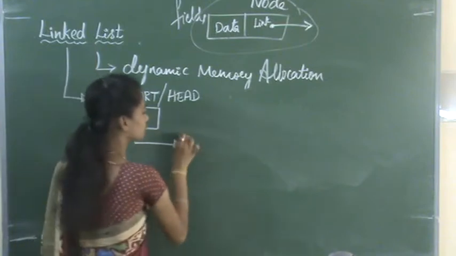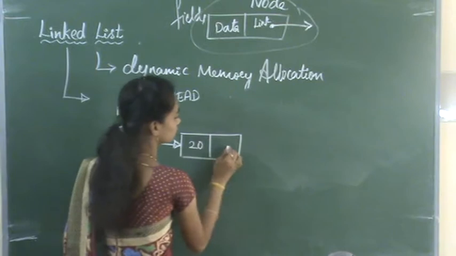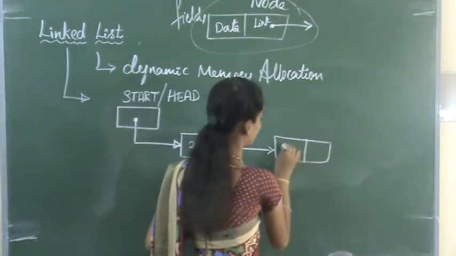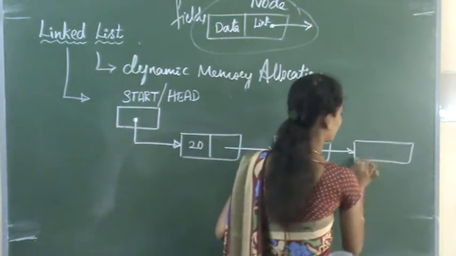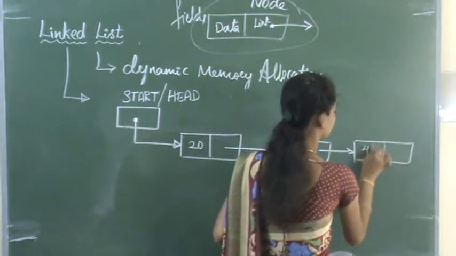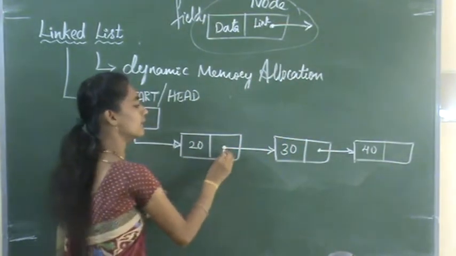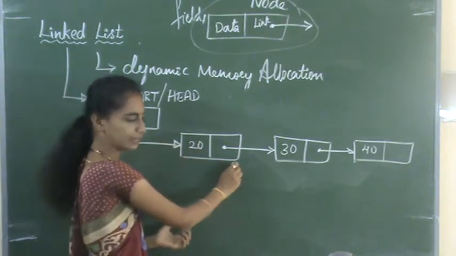Okay. Suppose we have three elements. This is an example for linked list. In this we have both data field and link field, right?